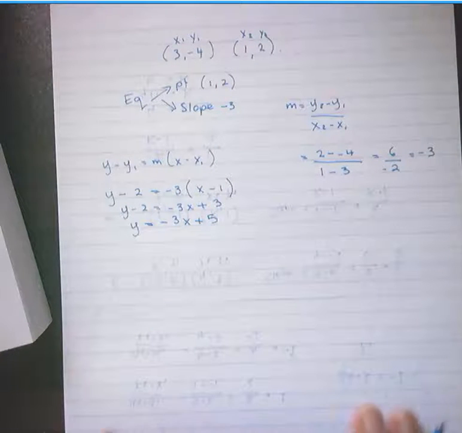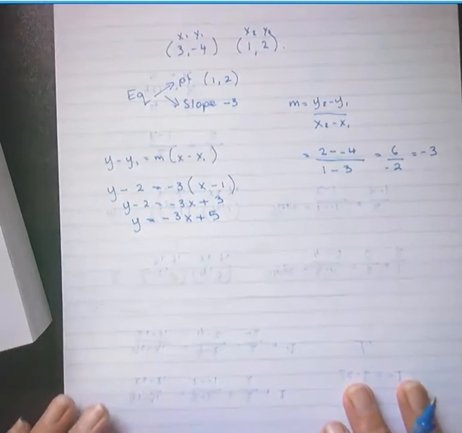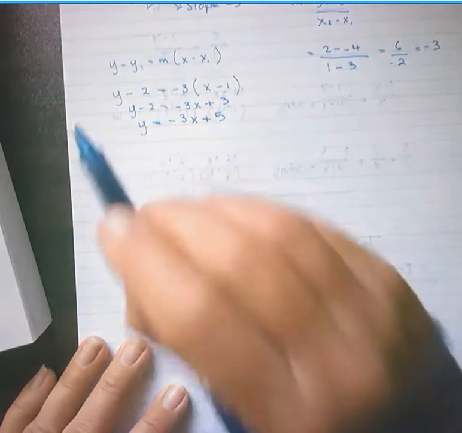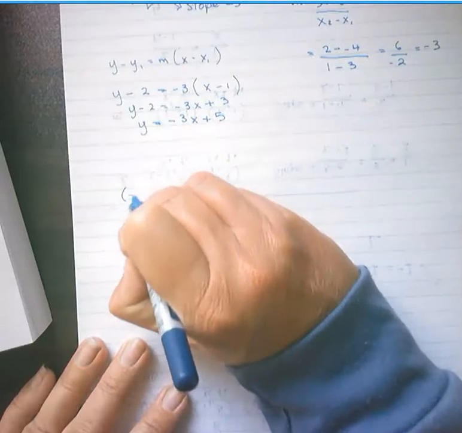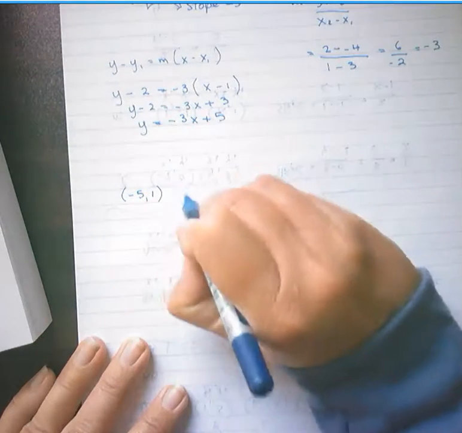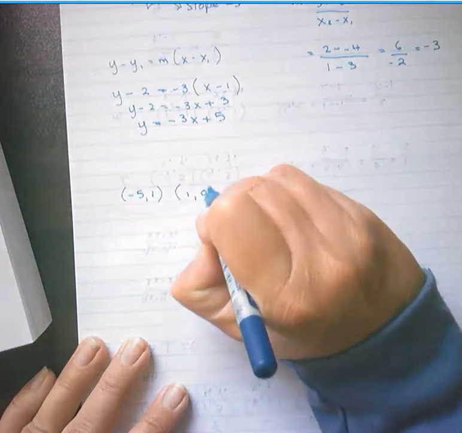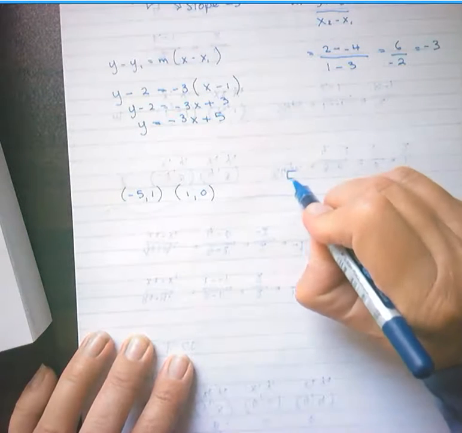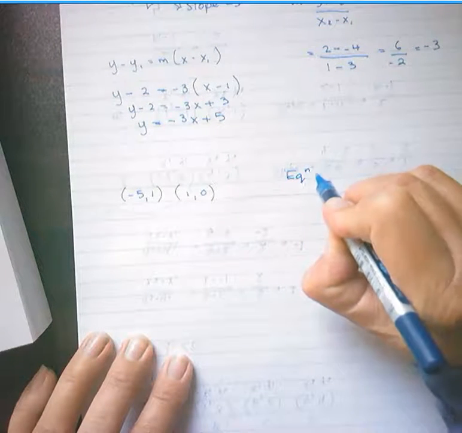If I have a quick look at number 7 on page 61, it said that I have the points minus 5, 1, and 1, 0. Again, it wants me to find the equation. To keep myself on track, I write down equation.